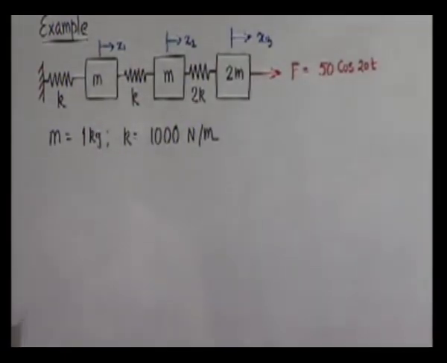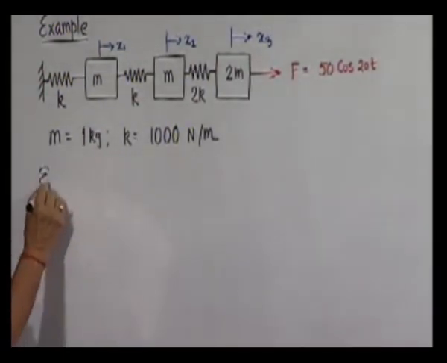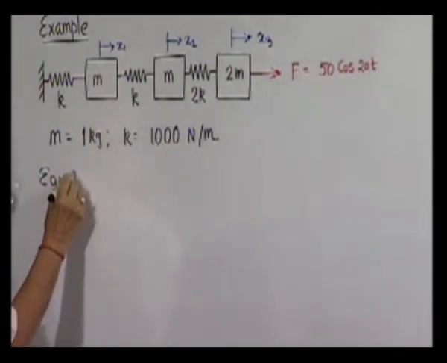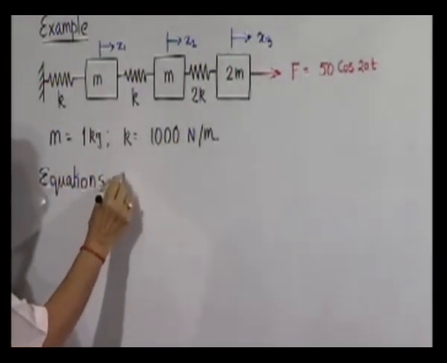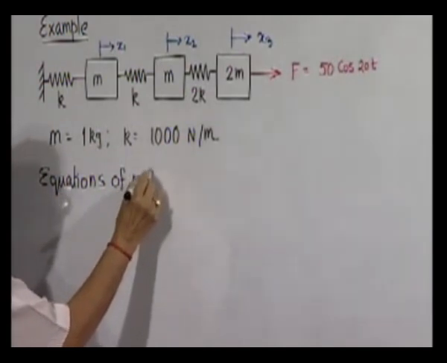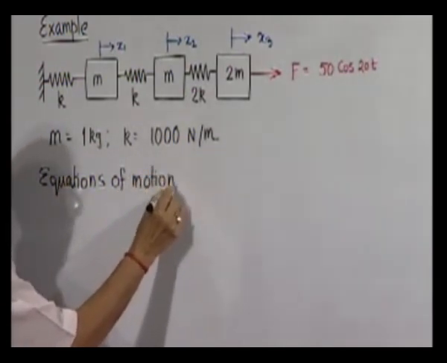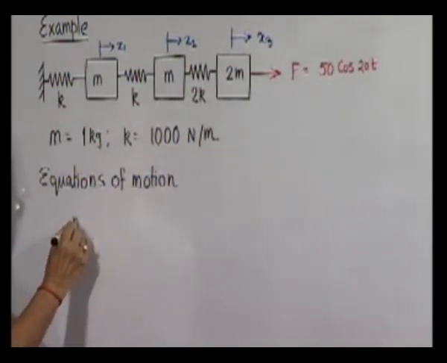So, now the equations of motion of the 3 masses can be written as this.